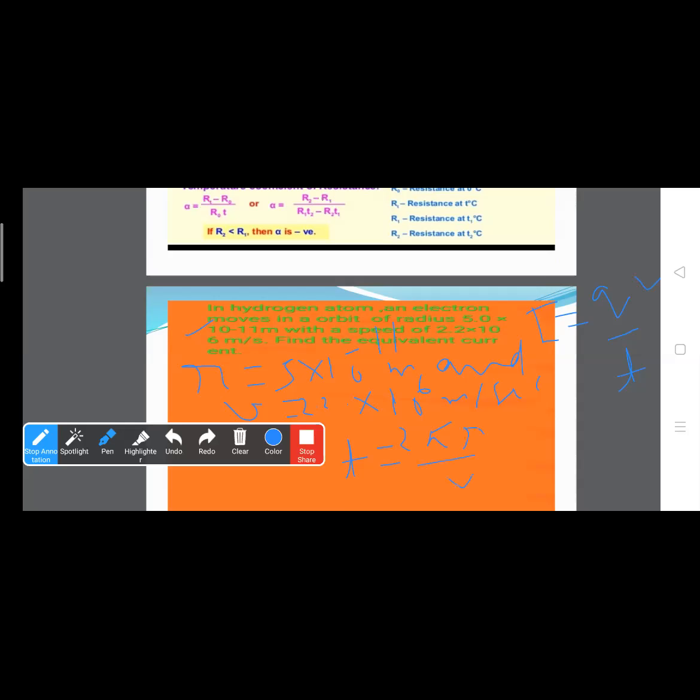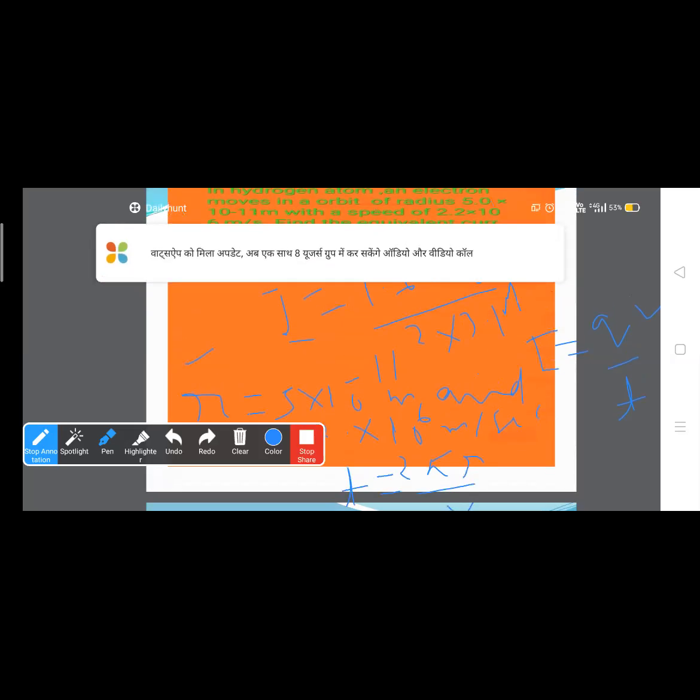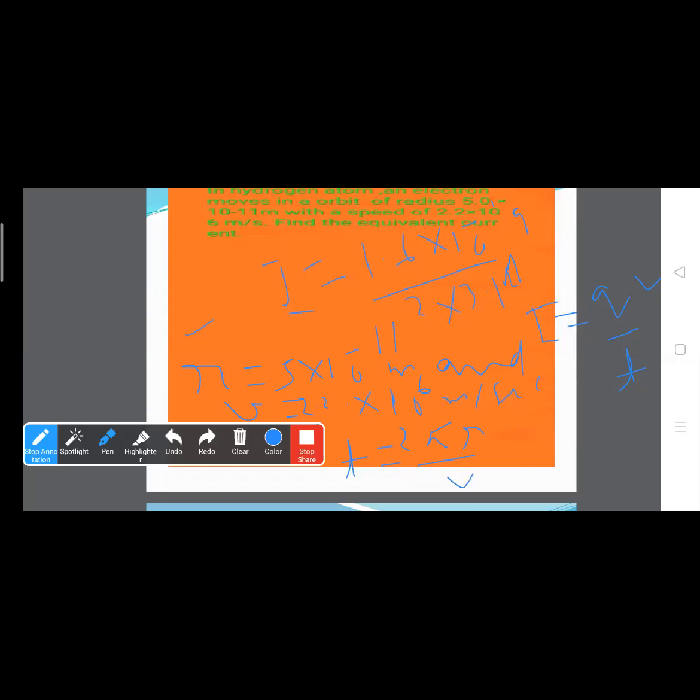So I is given by I equal to Q upon T. Q is the charge on the electron, 1.6 into 10 raised to power minus 19, upon 2 pi, 3.14, into r. r is given as 5 into 10 raised to power minus 11, 2 pi r upon v, and v is 2.2 into 10 raised to power 6.